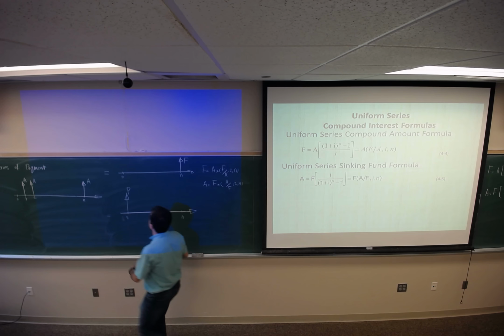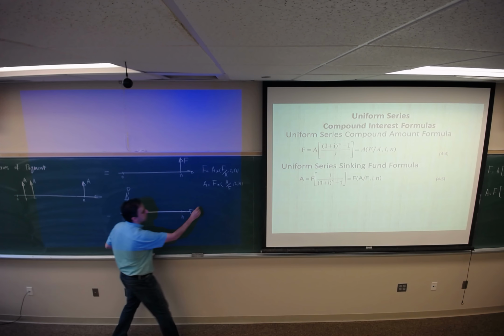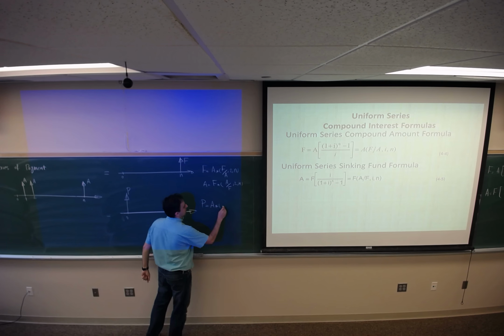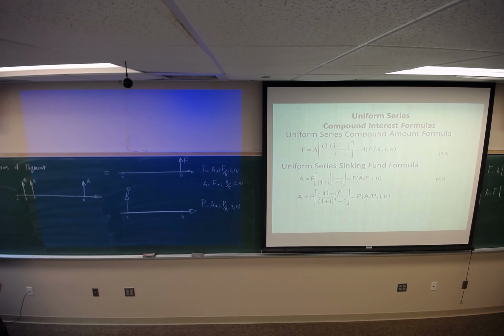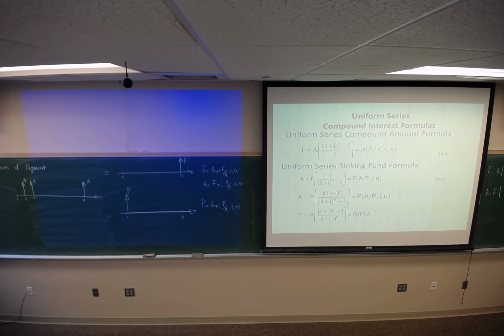Or you might say I'm looking for P when A is given. So P would be A times (P/A, i, n), and the equation for that is this one.